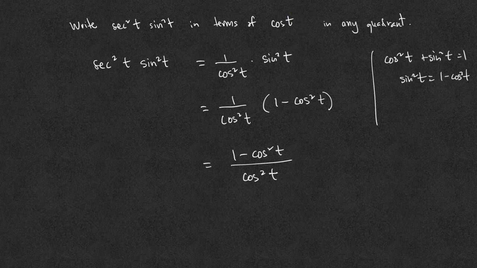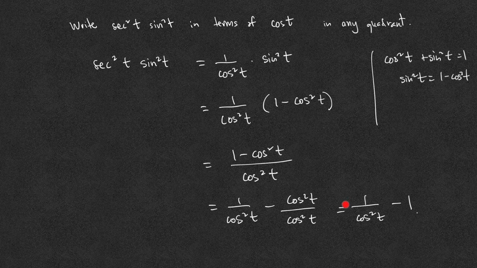We don't want to break it down, because if we were to, this is 1 over cosine squared of t minus cosine squared of t over cosine squared of t, which is 1 over cosine squared of t minus 1.